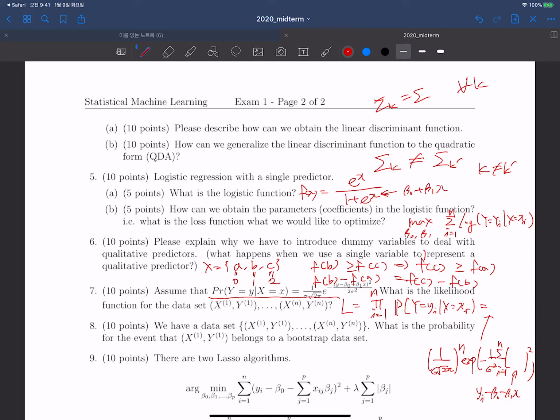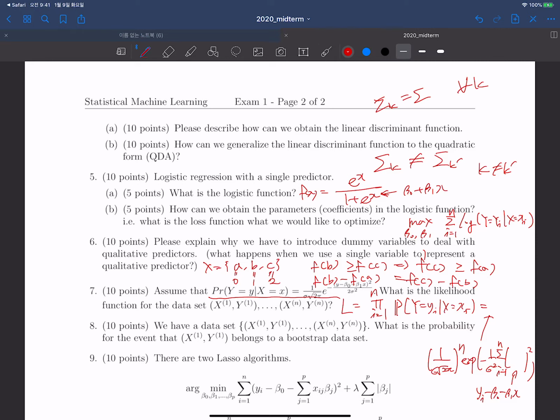So there is a connection. The main assumption in linear regression was that the observation error is IID Gaussian, and the IID Gaussian assumption makes this likelihood function, and this likelihood function makes such an RSS minimization problem.